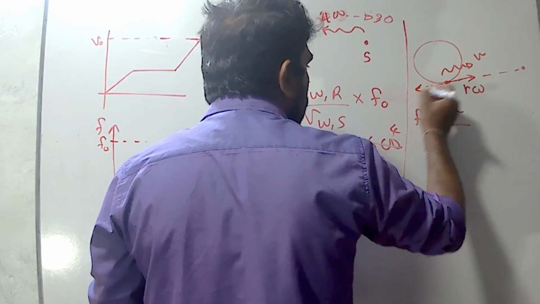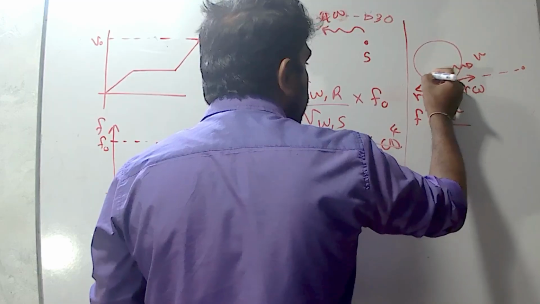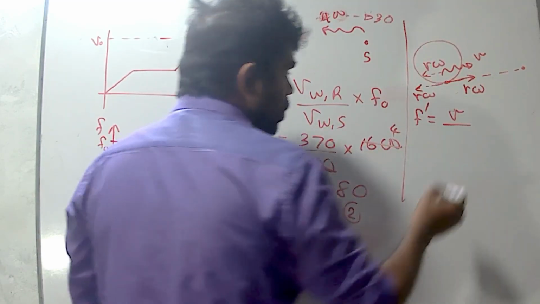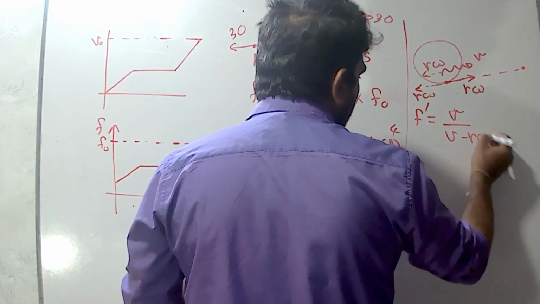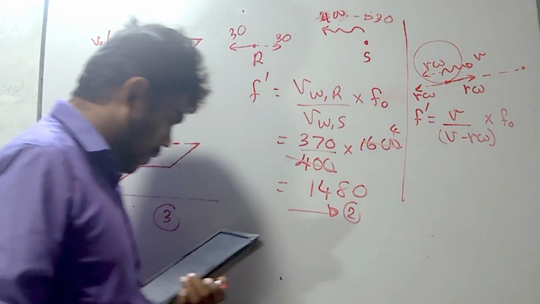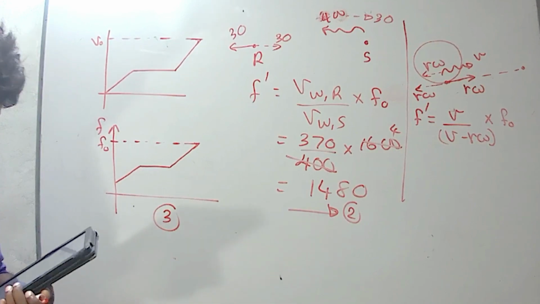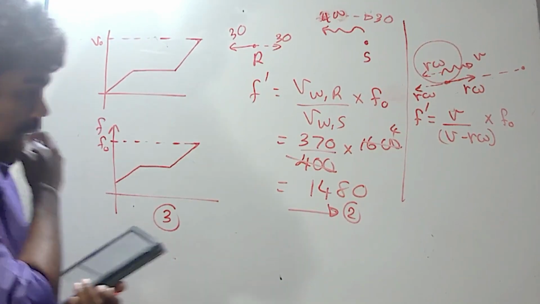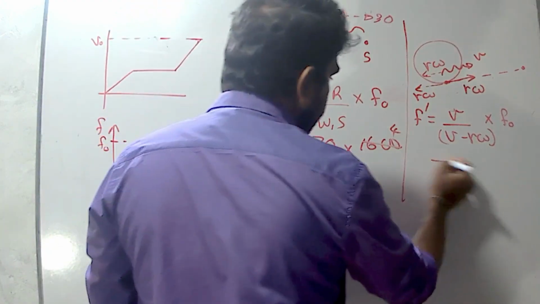We have to give opposite velocity r omega to the source and the wave. Then V minus r omega multiplied by the real frequency f naught. Then we can get the answer is 1.